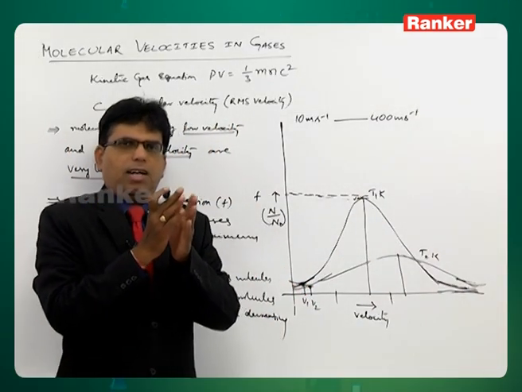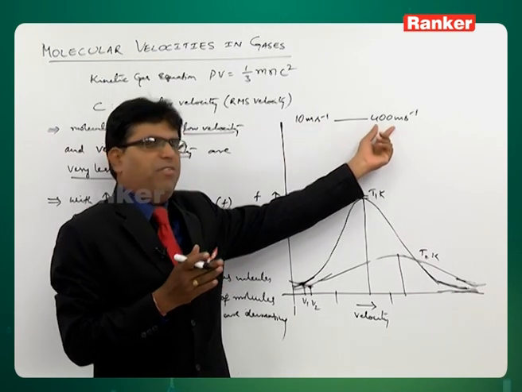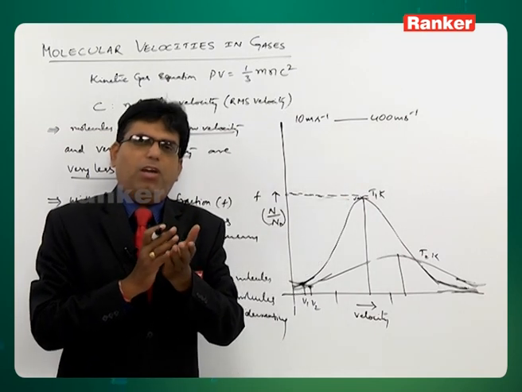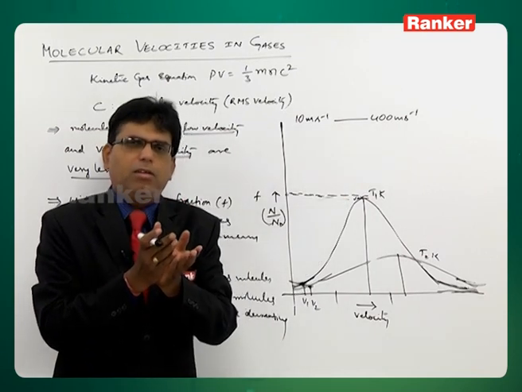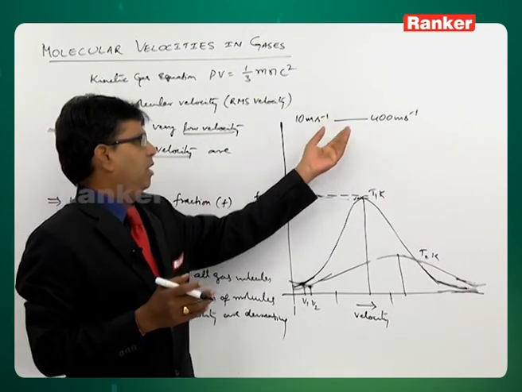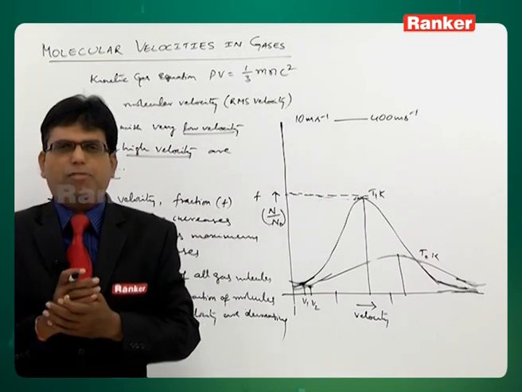Then there is a certain fraction which has a very low velocity, 10 meters per second, and a fraction which has a very high velocity, 400 meters per second. So if we have to express the molecular velocity in one single term, it is very difficult to give, because even if you take, first it was proposed to take the average of all.